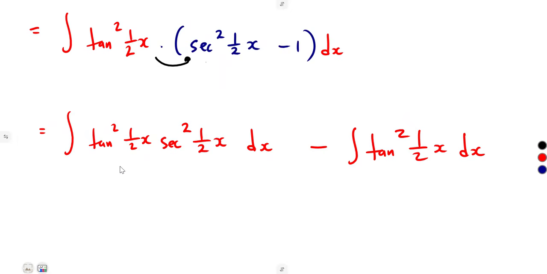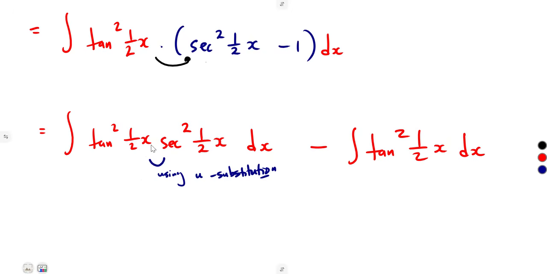All right. So on our substitution, remember we need to get rid of one of these two. It's either tan or sec.